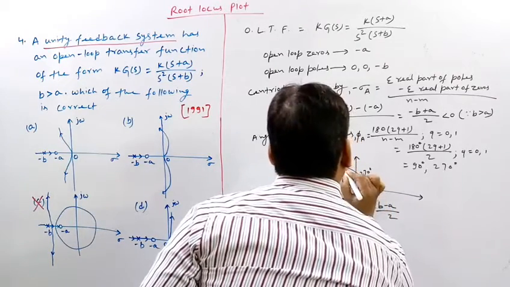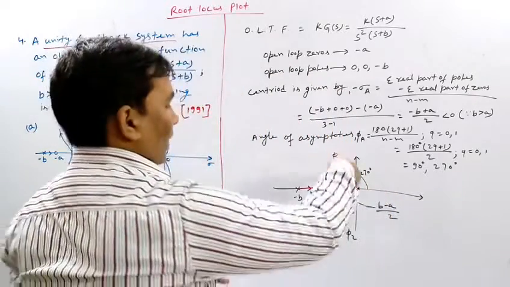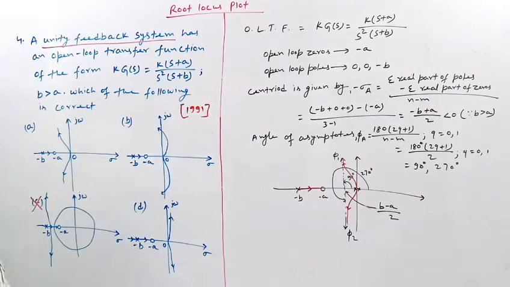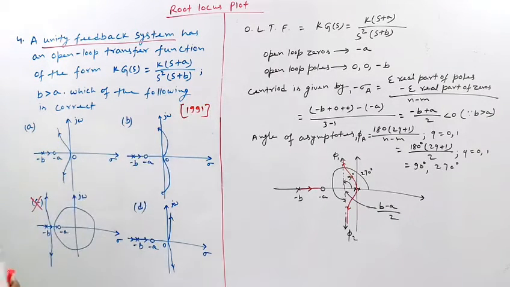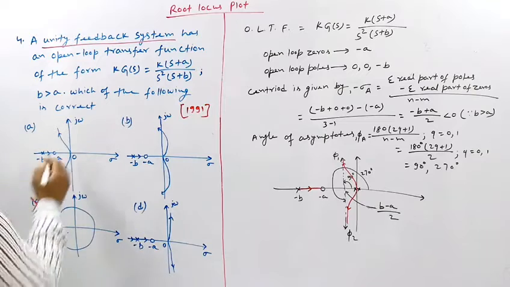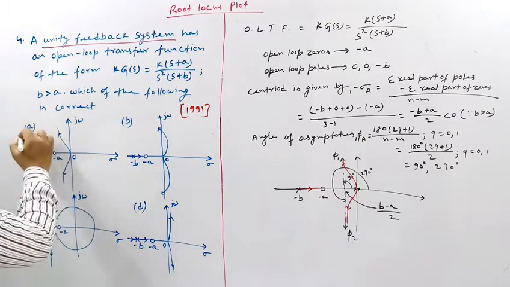One branch will go along asymptote number 1 and another branch will go along asymptote number 2. So which one of the given options is correct? Option number A is the correct one, because this is moving towards the asymptote at b minus a by 2.